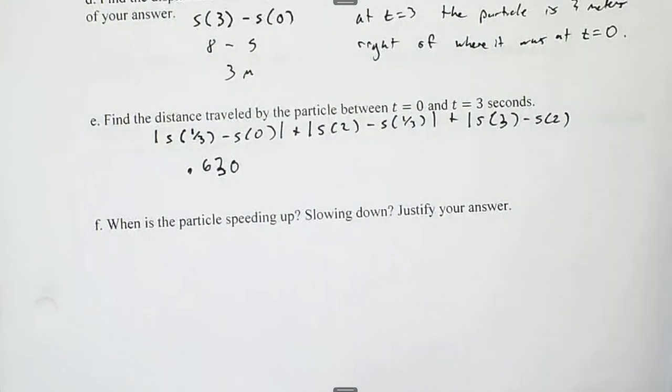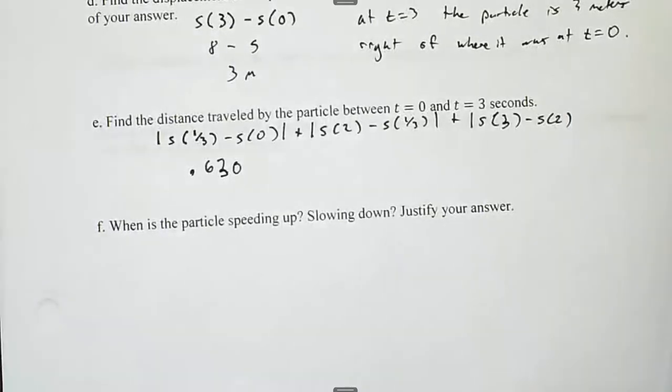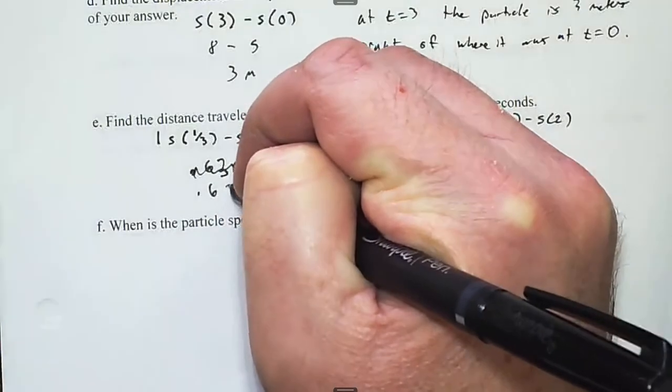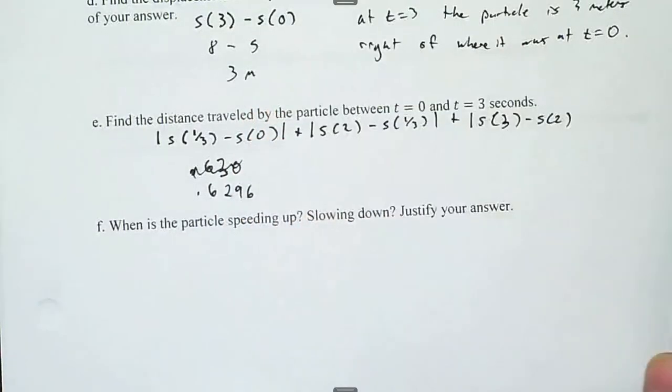Actually, we really should round to 3 decimal places when we're all done, so I should probably be using 4. In fact, I'm going to do that. Sorry about that. 0.6296. The rule on the AP Calculus test is always 3 decimal places for your answer. If you give more, that's fine, but they have to be accurate. So we round to 3 decimal places at the end.